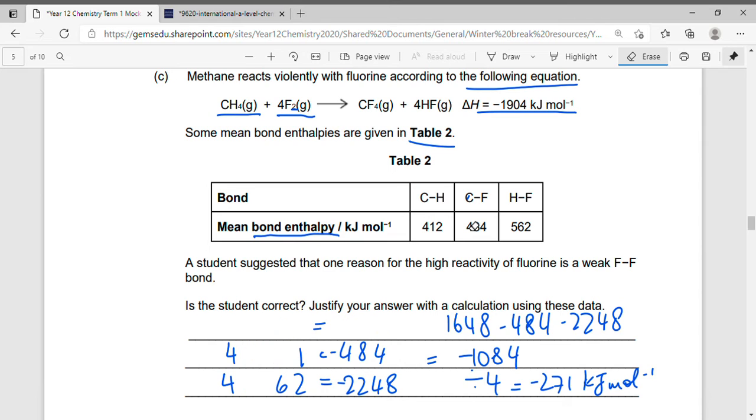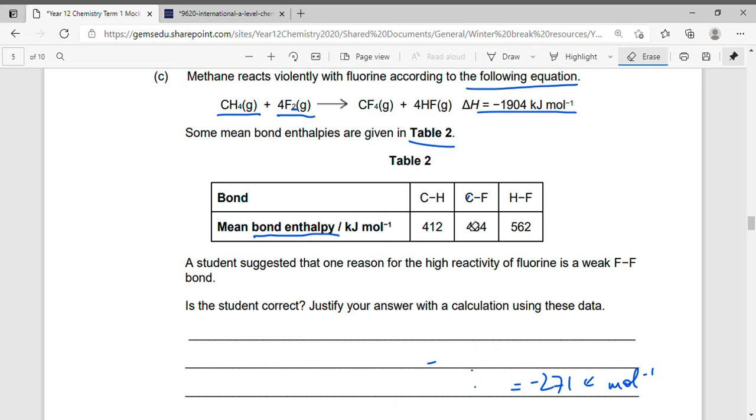I'm not good at this section. Let's do it again. Okay? Bond enthalpy, the energy needed to break a bond. Okay? So, energy needed to break bonds, breaking. We have 4 of these, and one of these, and 4 of these, yes.